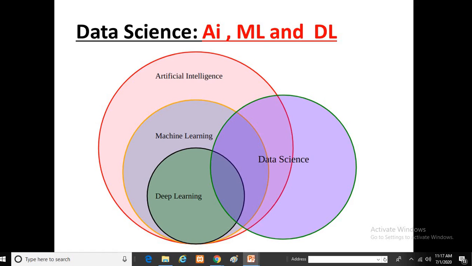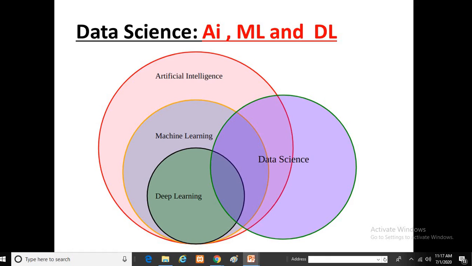Artificial intelligence means something like this: if I give you data, and there is a huge amount of data available in the market. There are n number of applications that generate very big data daily.